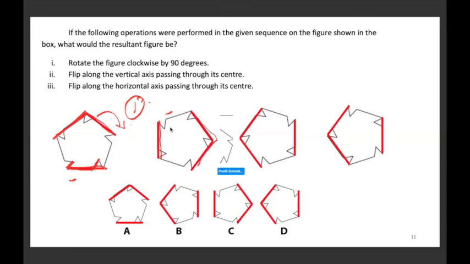It will look like this. From here, when you are flipping it along the vertical axis, this axis, it becomes this way. It rotates on this side, and then when I'm flipping it along the horizontal axis here, the orientation changes. The same thing I have also traced in the options in order for you to compare how the base and the vertex work.